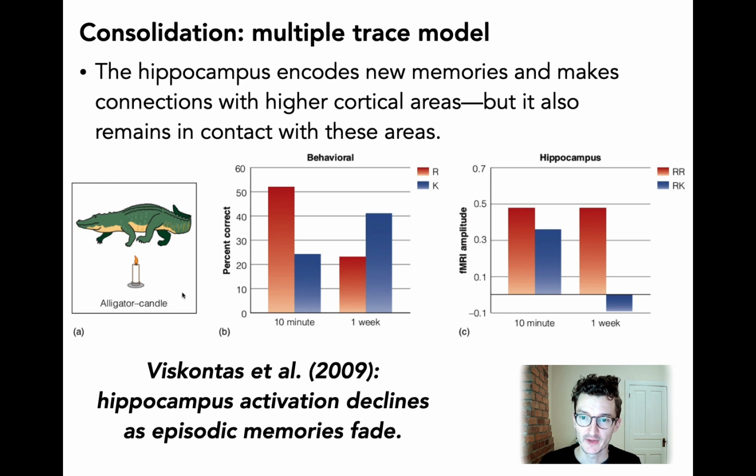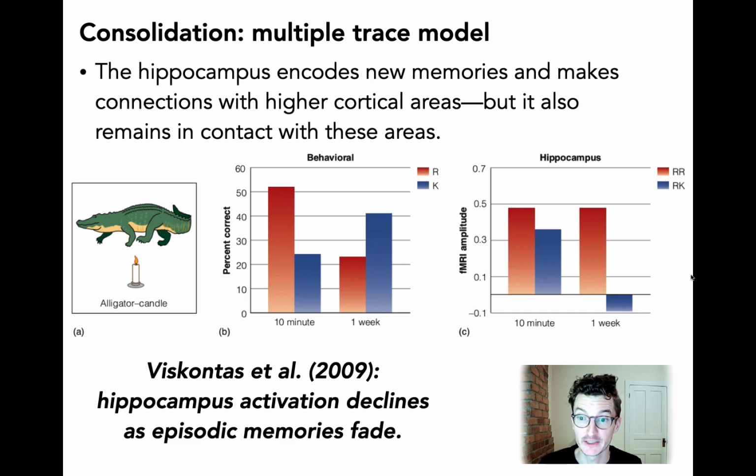Now, in the study, while they were doing this task, participants were having their brain scanned using functional magnetic resonance imaging. And what they found was that this change from remembering to knowing was reflected by changes in the activity of the hippocampus. So a week later, pairings that participants remembered, had an episodic memory of, so the alligator swimming around with a candle on its head, led to activation of the hippocampus.